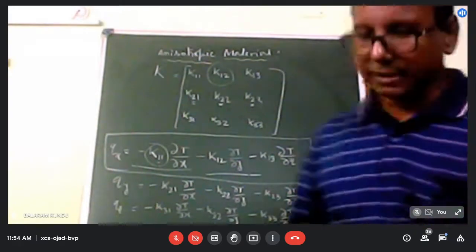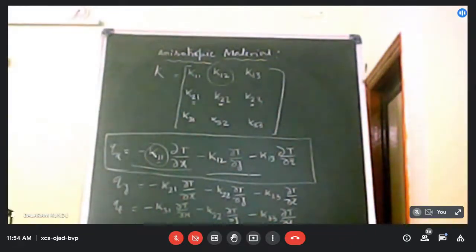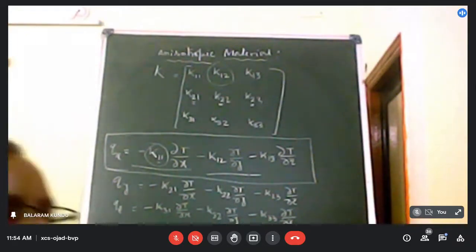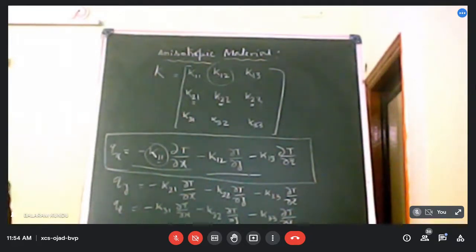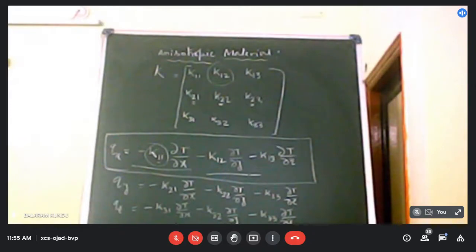So that means here anisotropic material, so thermal conductivity depends on direction of heat transfer, and 9 components of thermal conductivities are there. 9 components are responsible to conduct heat in solid. And here first suffix 1 thermal conductivity is responsible to conduct heat in the x direction.